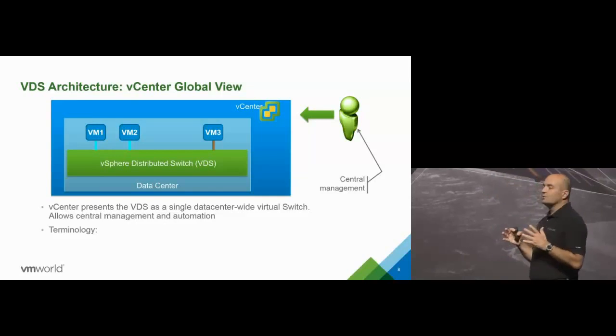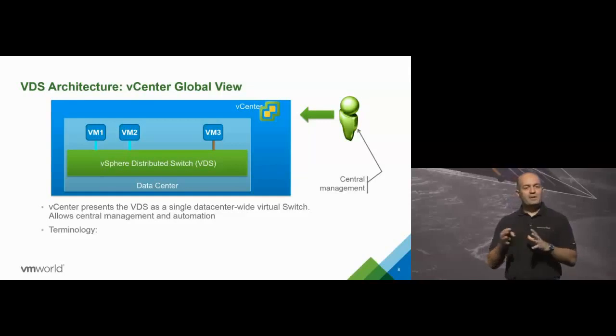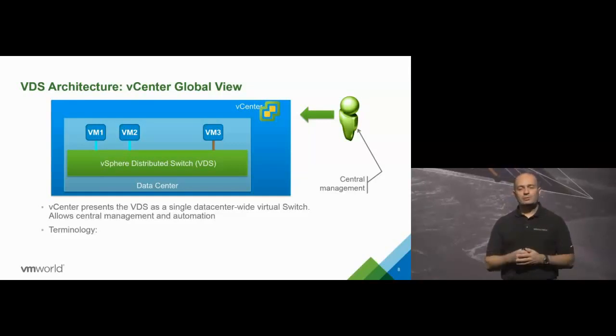The vSphere standard switch used to be managed on a per host basis, just like a physical box if you want. And what the vDS adds on top of the VSS is a global view of the network. The vDS is capable of representing a virtual switch that spans the whole data center.